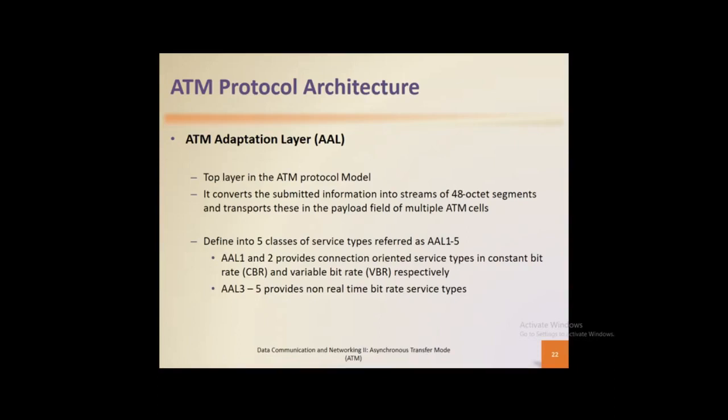So there are five classes, which is from ATM adaptation layer 1 to 5. Those first two layers handle the connection-oriented services for your constant bit rate and variable bit rates that we have within a transmission. And then the last three, from 3 to 5, provide the non-real time bit rate service that we might have, like your data services.